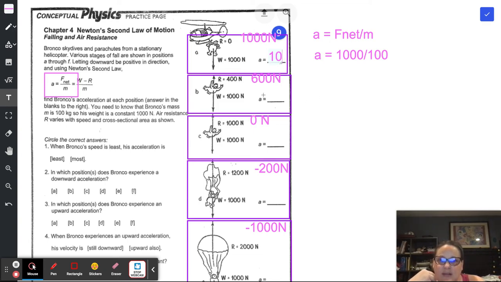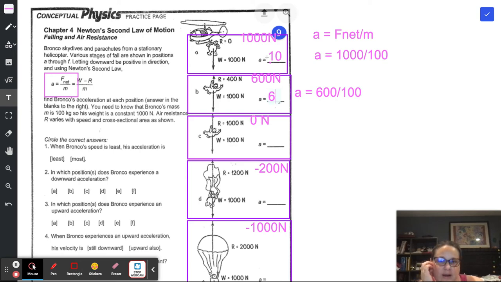Then we go down to the next box where he has started to fall, and he has some air resistance, but the air resistance is still less than the weight. So acceleration would be equal to 600 newtons divided by 100 kilograms, and that would give us an acceleration of 6.